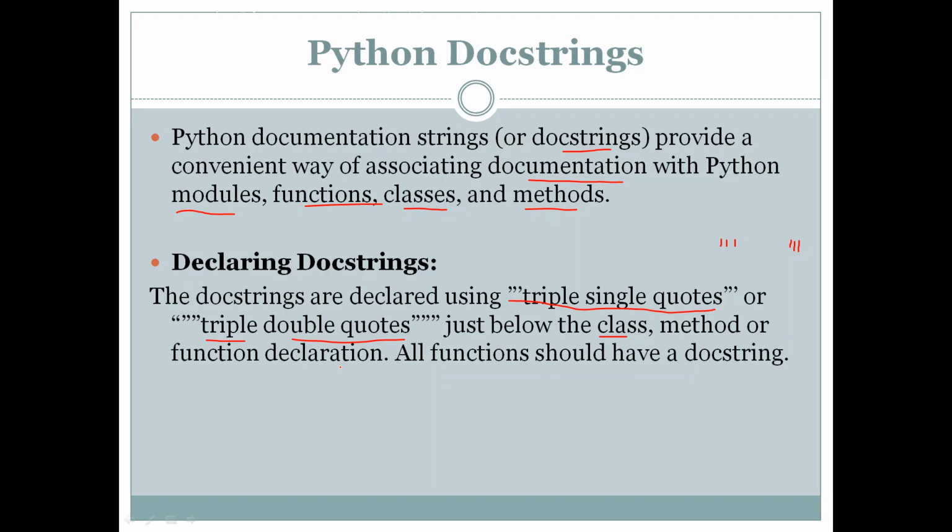Now whenever we declare a class or a function or a method, just below the declaration we have to declare a docstring, and it has to be declared in triple single quotes or triple double quotes. All functions should have a docstring. As I've said, all built-in functions already have a docstring, but even the user defined functions which we create should have a docstring associated with it.